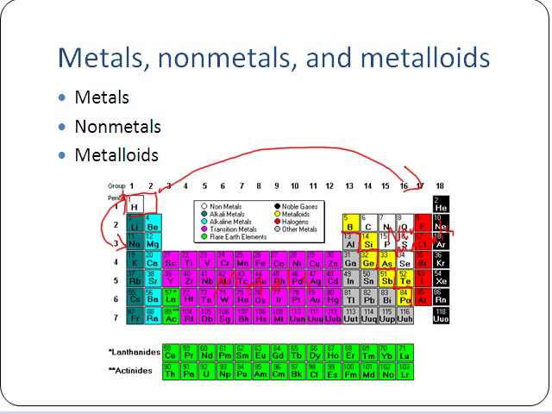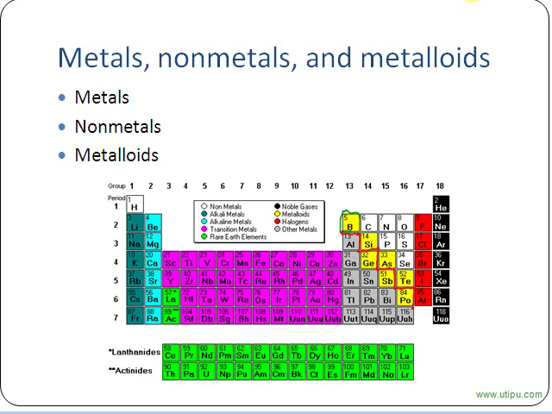There are a few elements that do show characteristics of both, and those are called the metalloids. The metalloids are the ones in yellow right over here. They generally tend to follow that stair-step line. If you take a look at when we drew that stair-step line before, you could see that for the most part they're either just right above it or right below it. These are ones that have some characteristics of metals, some characteristics of nonmetals.